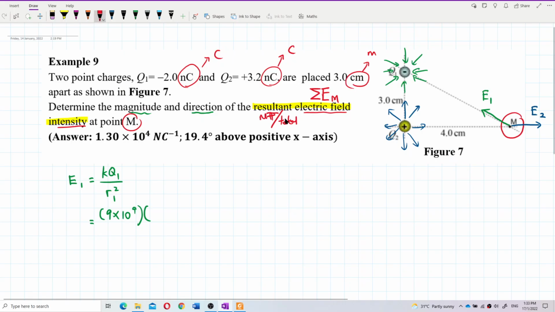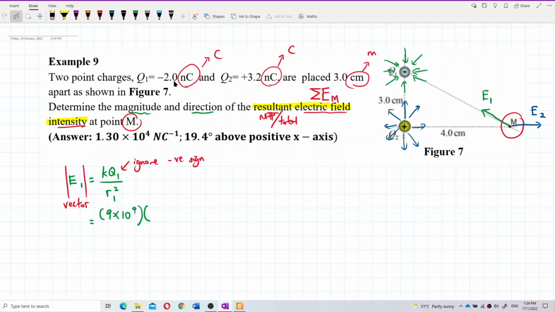This is to find the modulus of it, since this is a vector quantity. We know that the charge Q1 is a negative charge, but we ignore the negative sign. For magnitude, we just want the value.